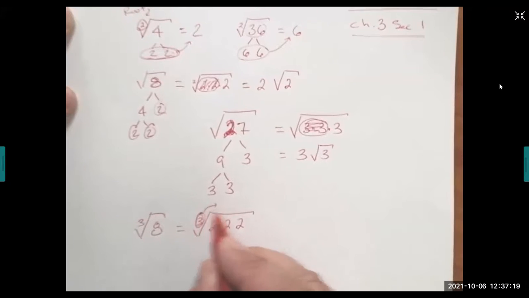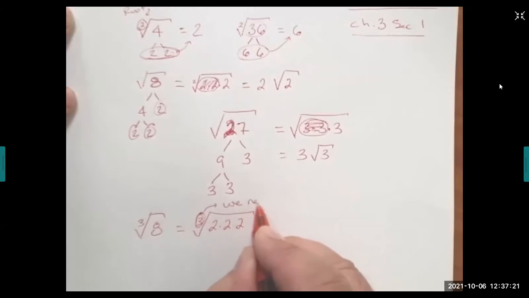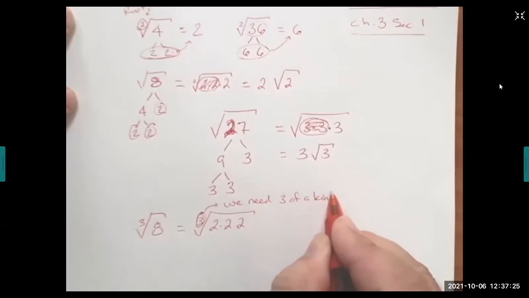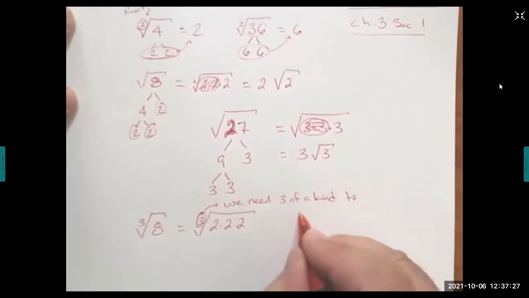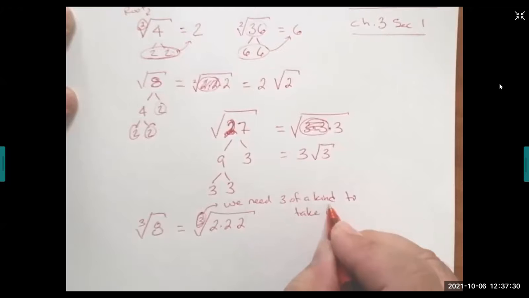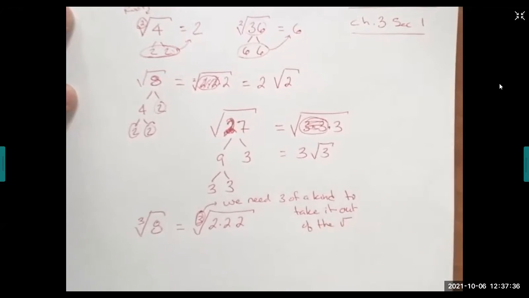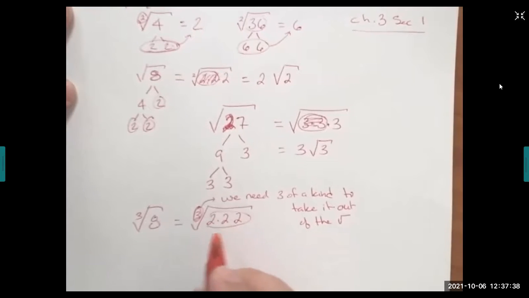That number tells us we need 3 of a kind to take it out of the radical. We have 3 of a kind. So the answer is 2.